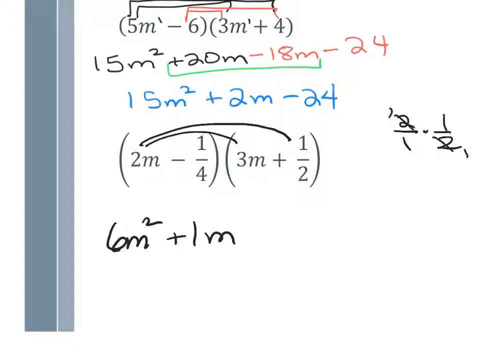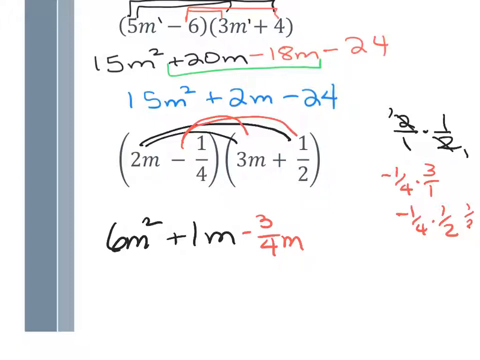I can also simplify before I multiply, which is just 1m. And then I'll distribute the negative 1/4. So negative 1/4 times 3 over 1 gives me negative 3/4 m. And then negative 1/4 times 1/2, 1 times 1, and then 4 times 2, and it's negative 1/8. I now need to combine the middle terms.